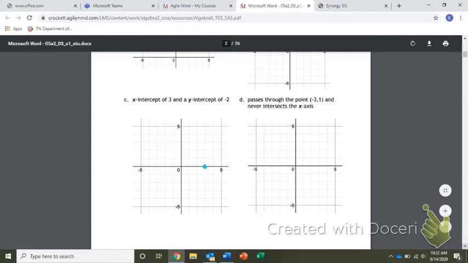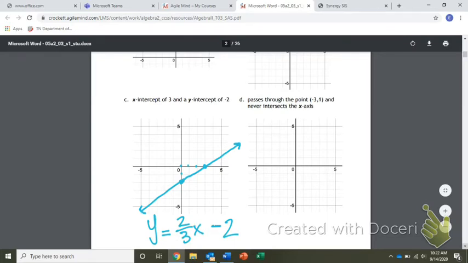And a y-intercept of negative 2. Now, we know our y-intercept is negative 2. Our slope is positive because it's going up. So we're going 1, 2, 1, 2, 3. So 2 over 3x is our slope.